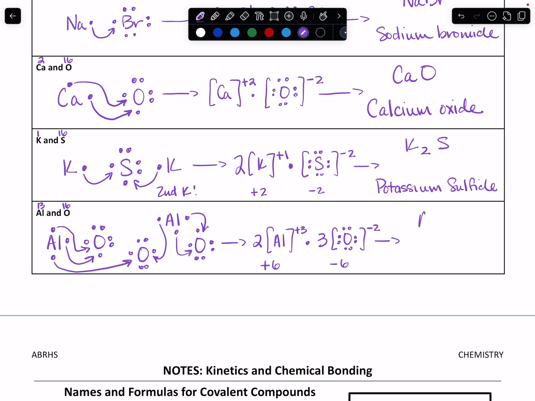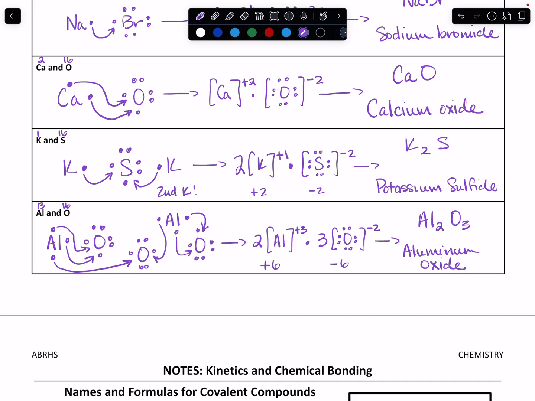And that neutral molecule has the formula of Al2O3, 2 aluminums, 3 oxygens. For our name, aluminum oxide.